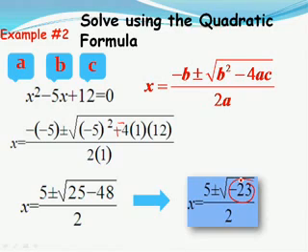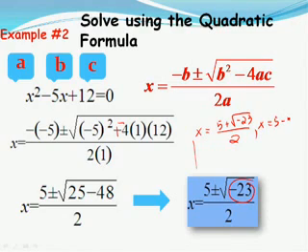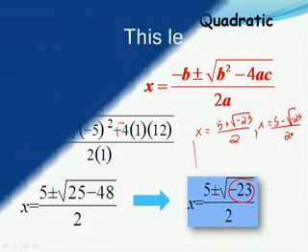So you should keep the answer how it is, with the square root and the -23 under the square root. Or you can split it into two different answers. You can write it down: x equals 5 plus the square root of -23 over 2, or x equals 5 minus the square root of negative 23 over 2. This example concludes our lesson.